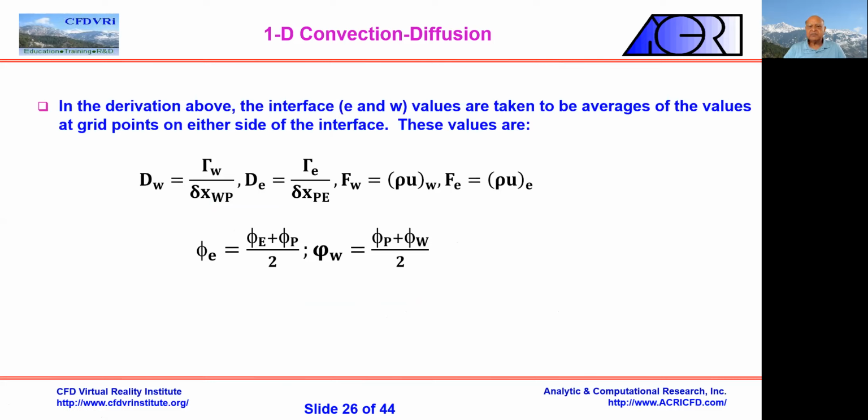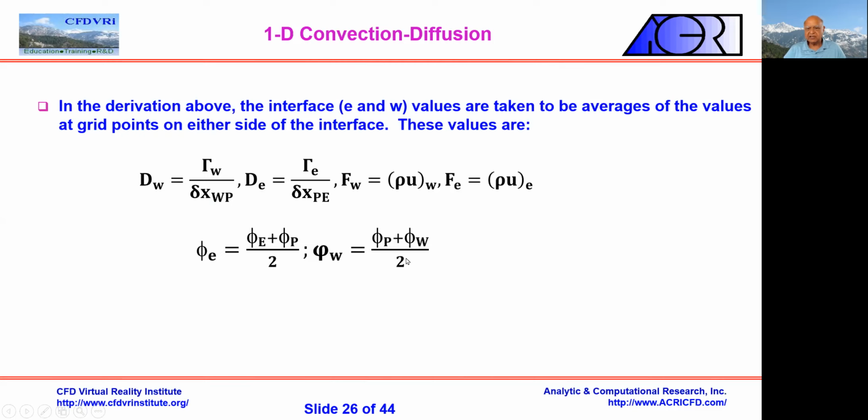In the derivation above, the interface values e and w are taken as averages of the grid points, so phi e is taken as phi E plus phi P over 2. That's what I meant by average, the second order central difference, and phi w is taken likewise.